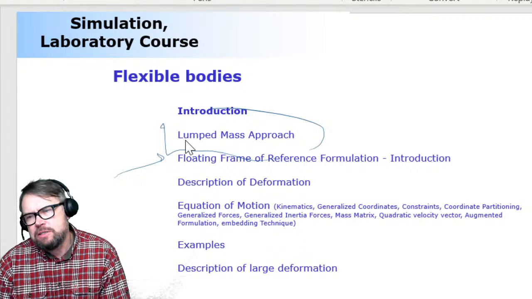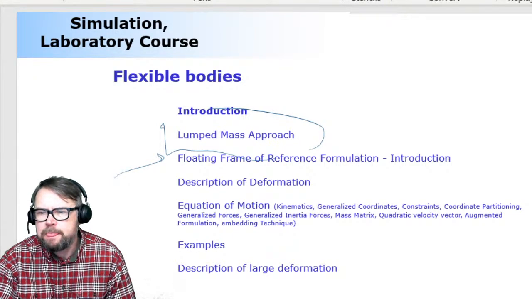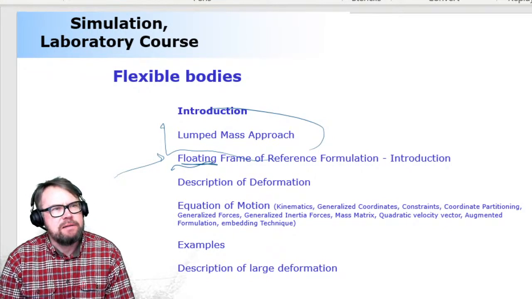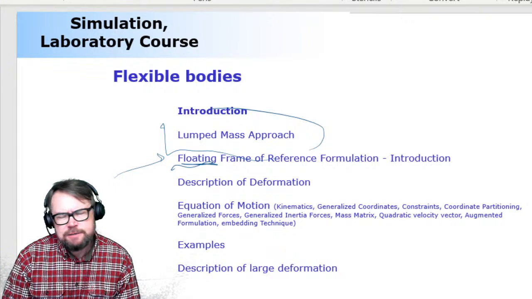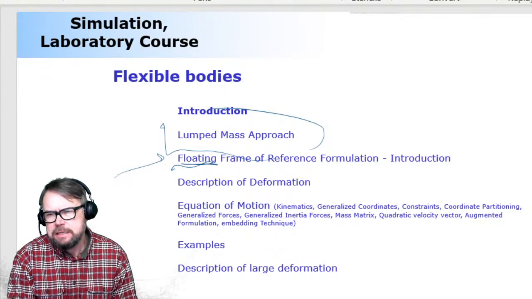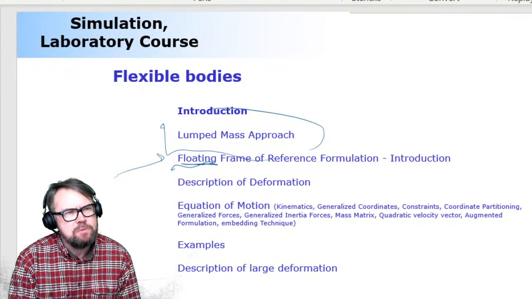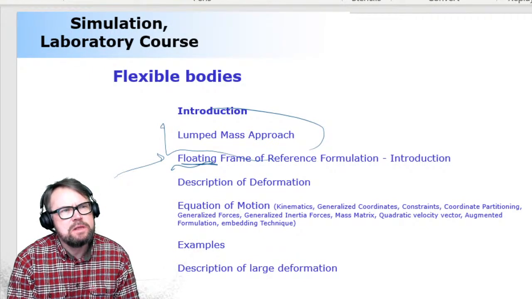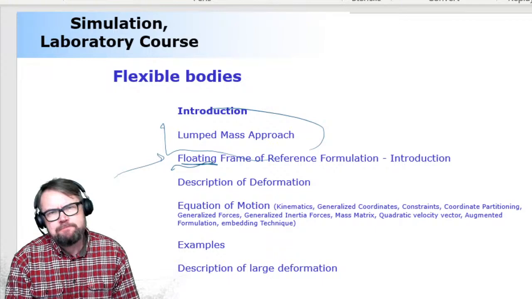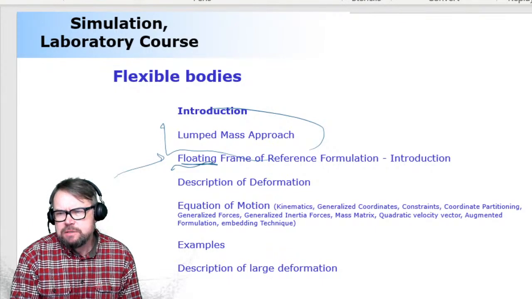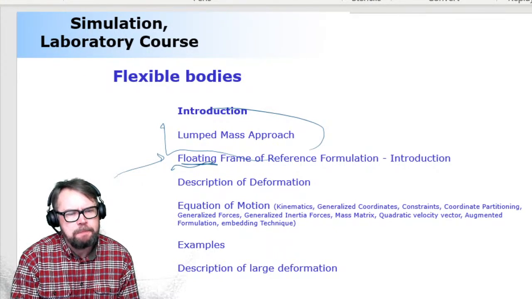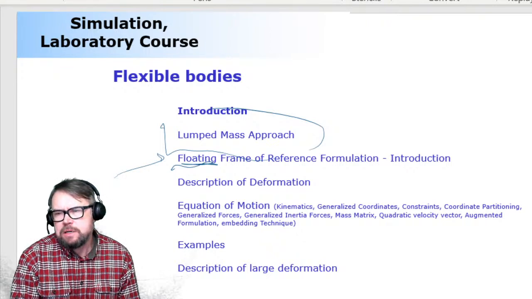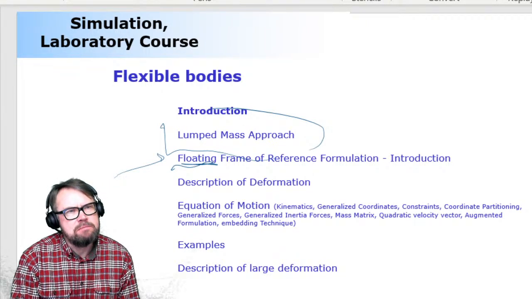Let me emphasize what is difficult here: floating, what is that standing for? That's going to be already a great accomplishment. I will explain that a little bit later, maybe even today, but it will be repeated a number of times. We will get started from a general introduction, then the lumped mass approach, and then finally move on to the floating frame of reference formulation. In that, we're going to look at finite element modeling.